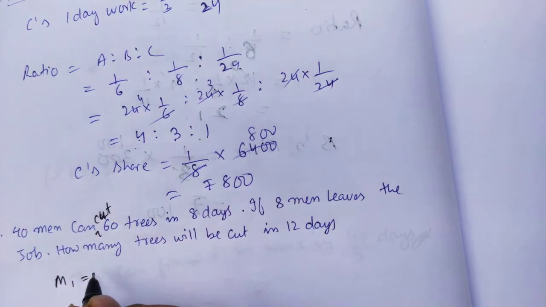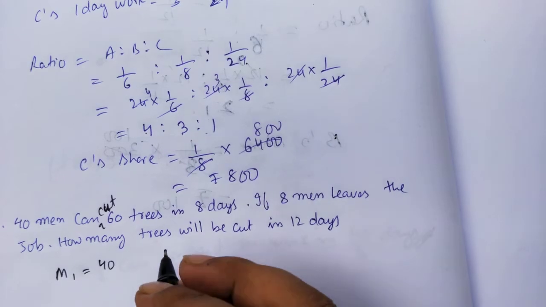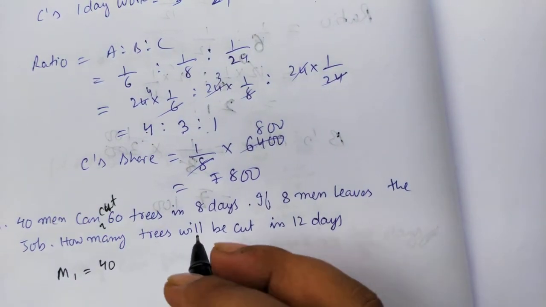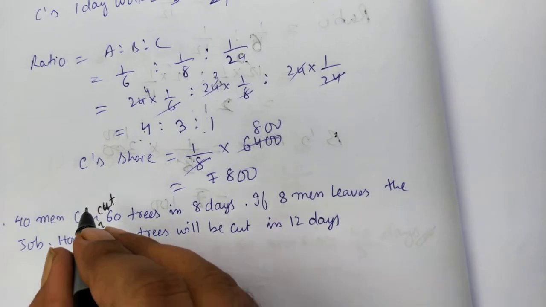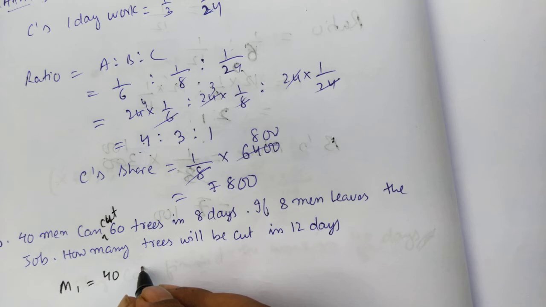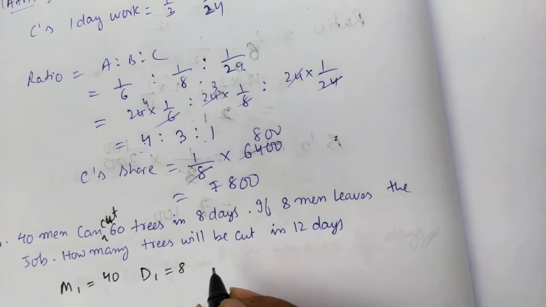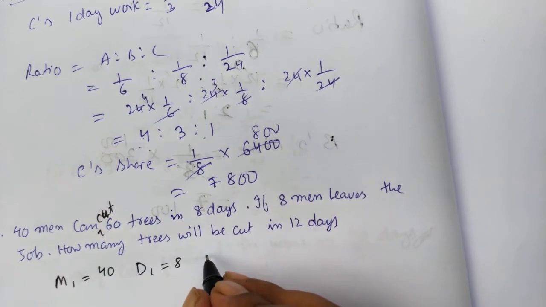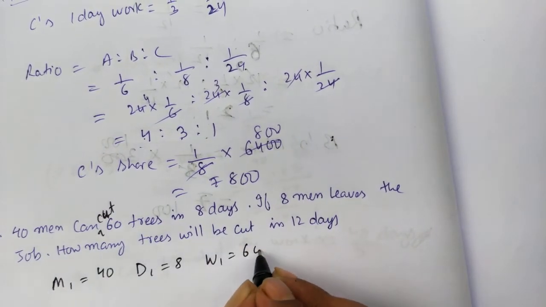So M1 we're taking 40, this is M1, and D1 is 8 days for the first part, and the trees is 60.